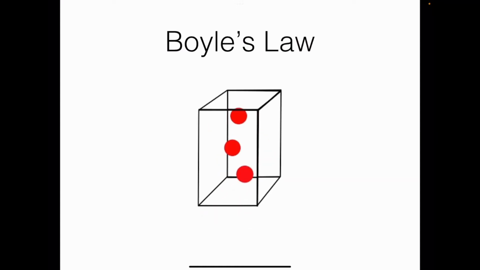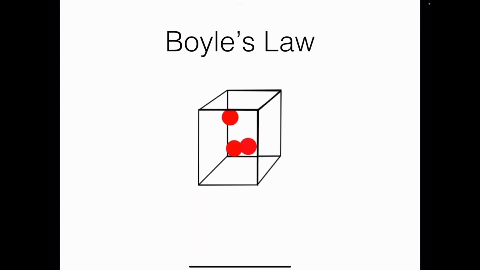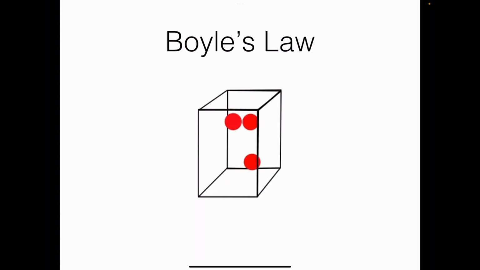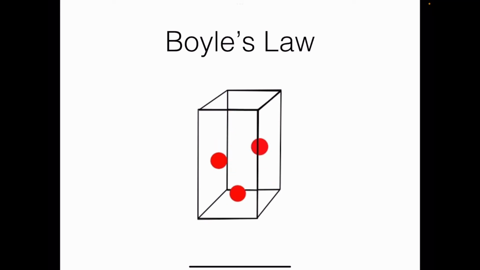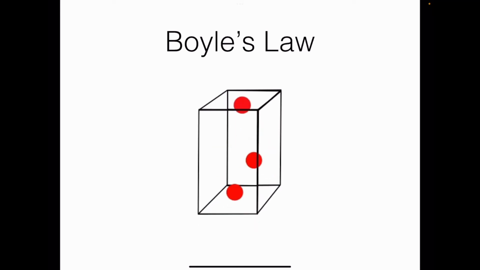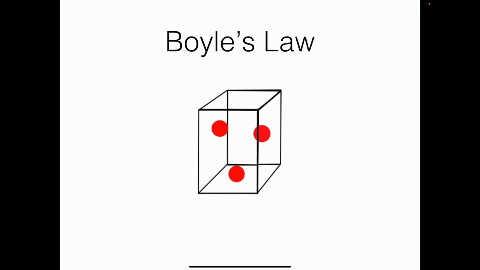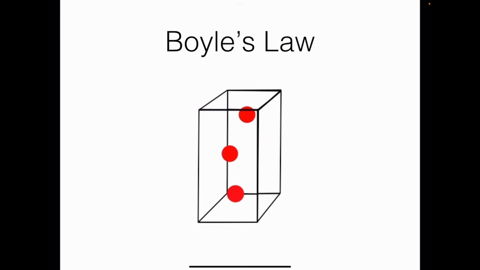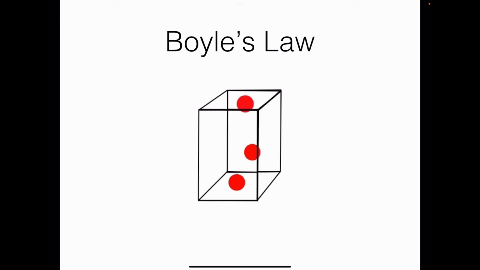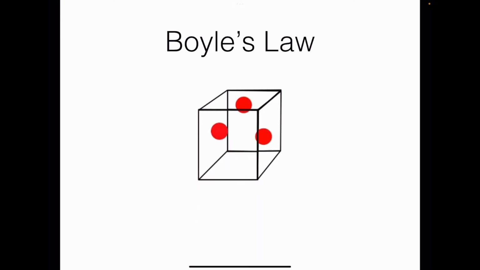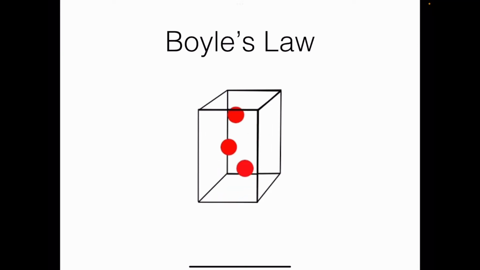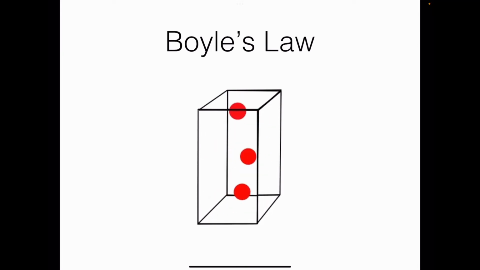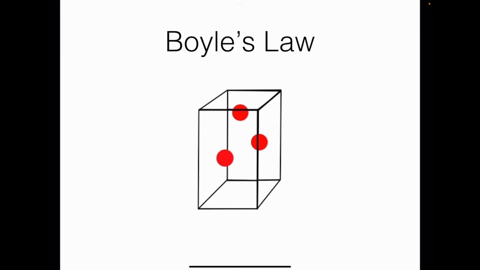The first law that we're going to look at is Boyle's law. You can see in this picture there are a couple of things that appear to be happening. One is the box getting bigger and smaller, oscillating. When the box gets smaller, these molecules appear to be moving faster.